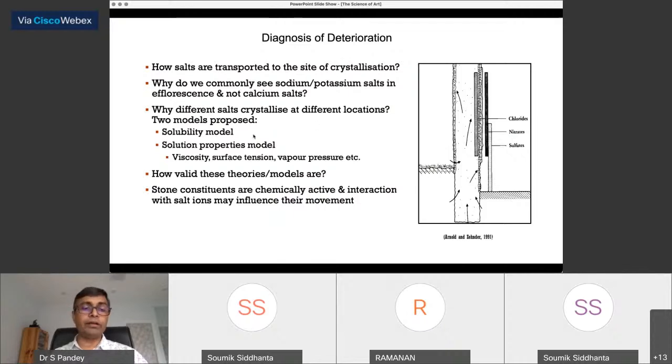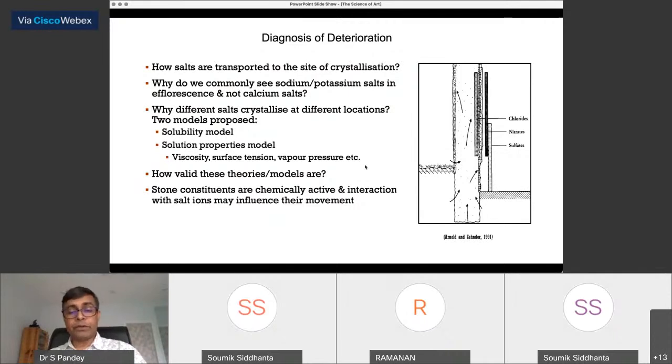The second model suggested that the different salts have different properties. Their viscosity, surface tension, vapor pressure are all different, and therefore they crystallize differently. But these models can be held valid only when these salts are acting individually.